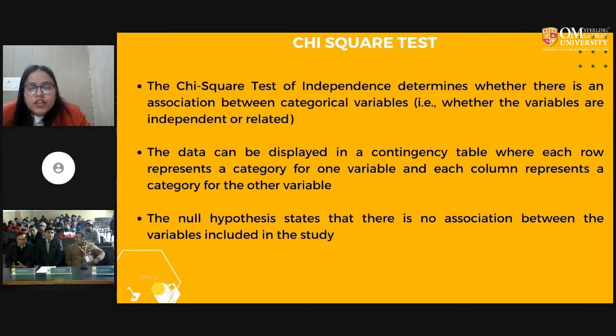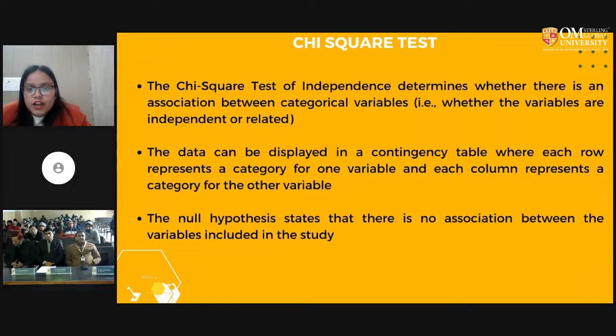Whether your variables are independent or related can be tested through the chi-square test of independence. So if both your independent variable and your dependent variable are in categorical form, you can use the chi-square test of independence to determine whether there is a relation between these two variables or not.